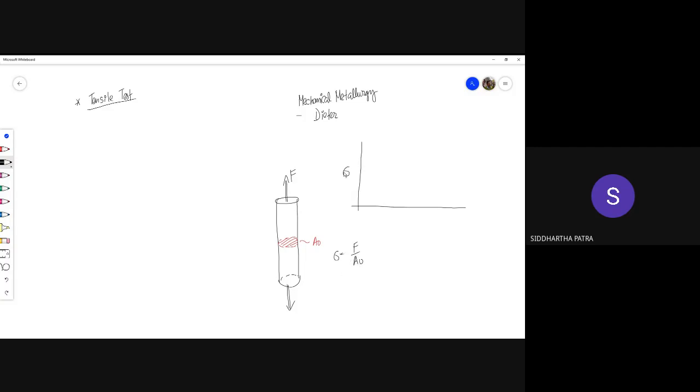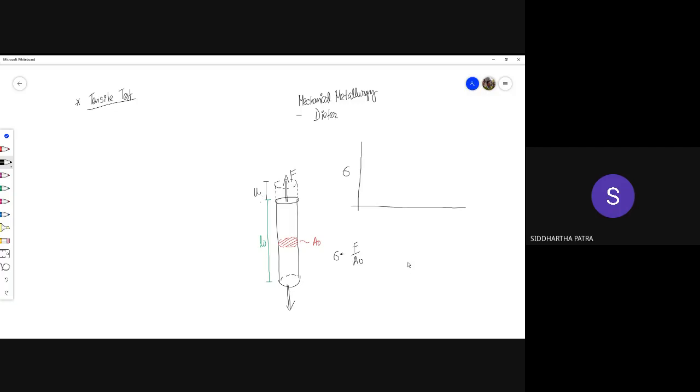So that goes on the y-axis, and as the bar elongates, its length also changes from the original value. Let's say that is L0, the original value, and gradually it expands. At a certain value of F, as F is gradually increased, the length has increased by this much, and this increment is represented with u.